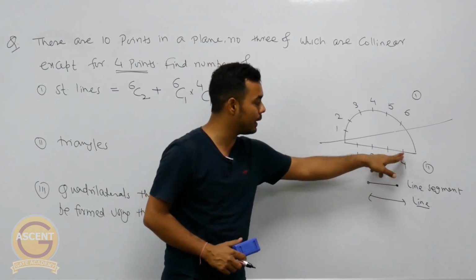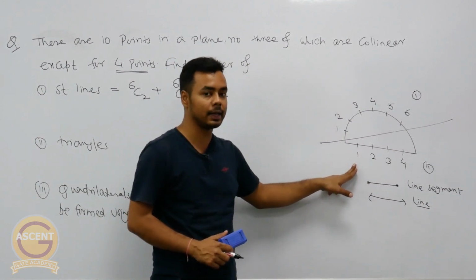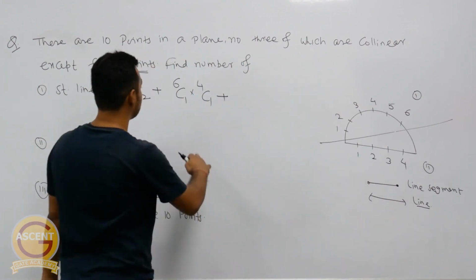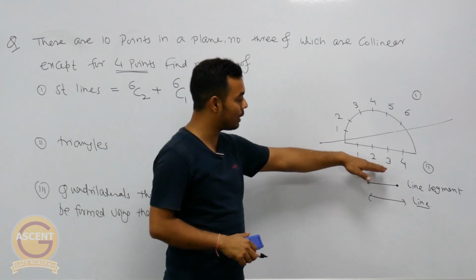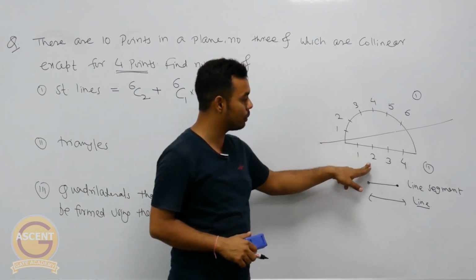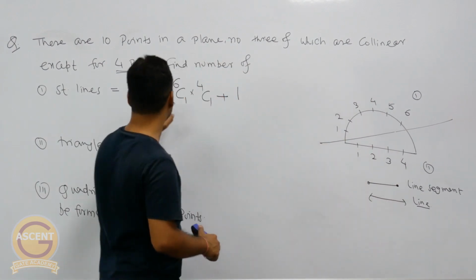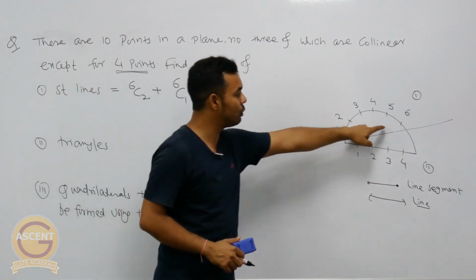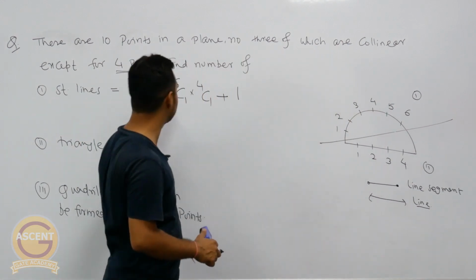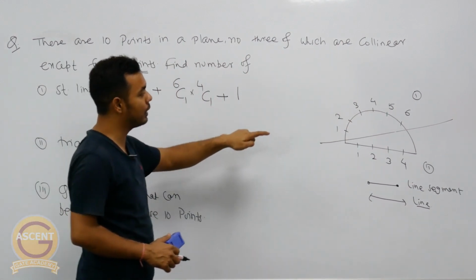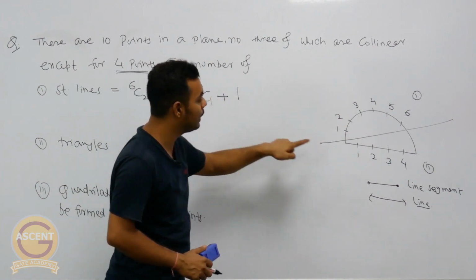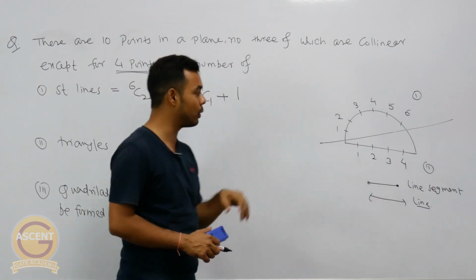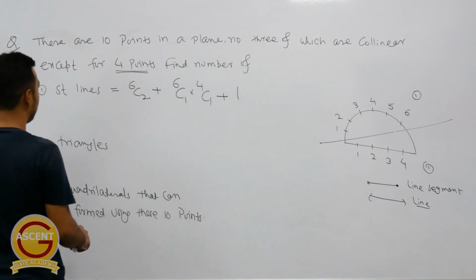So if I select any 2 out of these 4 points, I will get only one line, so that count is simply 1. So 6C2, any 2 out of these 6 points, plus 6C1 into 4C1, 1 from region 1 and 1 from region 2, plus one line by joining any 2 out of these 4 points. So this will be the number of straight lines.